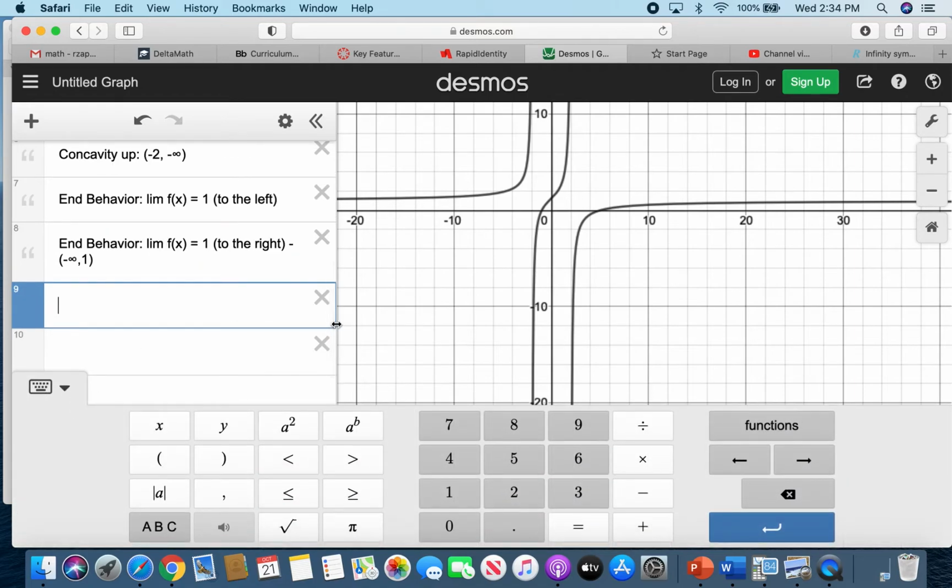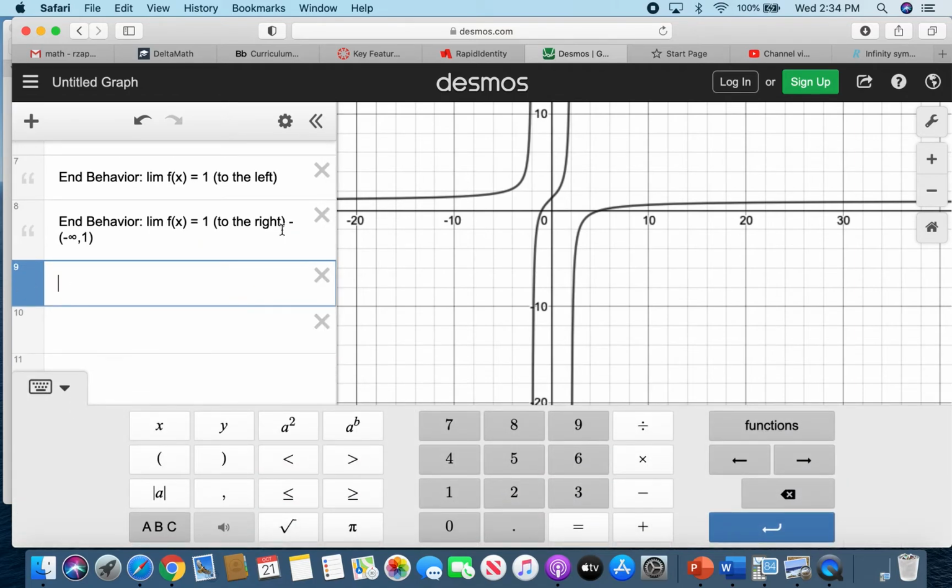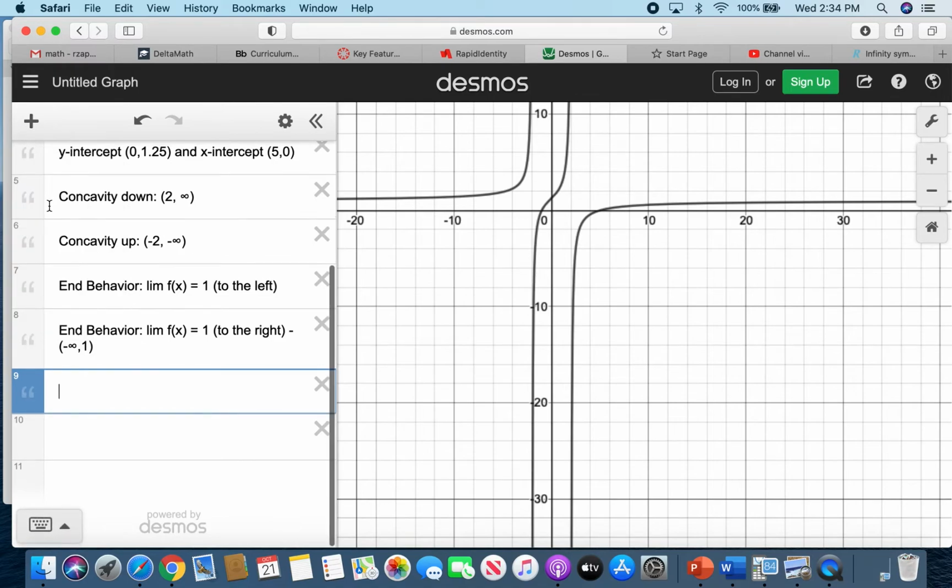Now, when it comes to the right-hand limit, that's different. The right-hand limit is what is happening to your graph when approaching from the right. As you can see, it approaches the vertical asymptote. So the right-hand limit as x approaches 2 from the right.